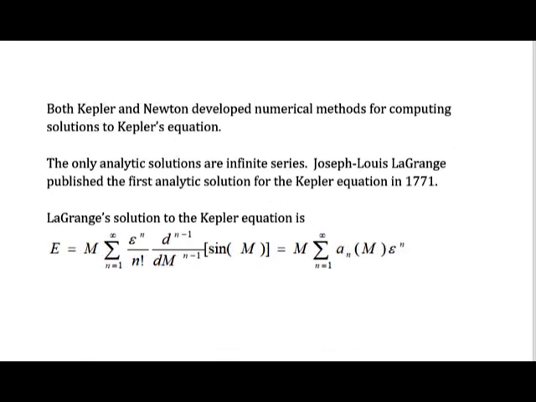Both Kepler and Newton developed numerical methods to invert the equation. Newton's method for finding roots to an equation is still state-of-the-art. J.L. Lagrange, a French mathematician, published the first analytic solution in 1771 in the form of an infinite series, as shown.